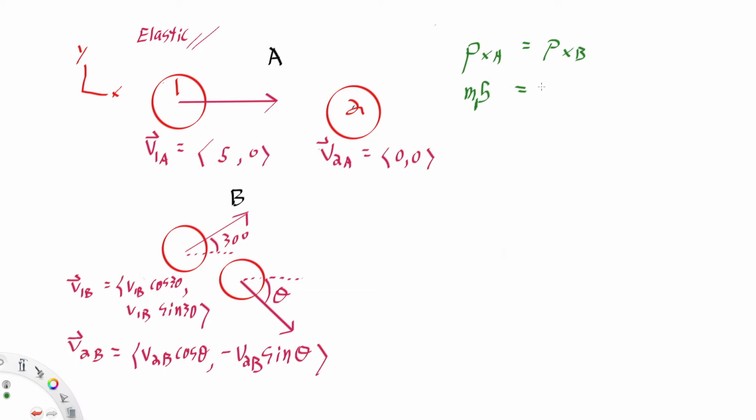On the other hand, we have m1 v1b cos 30 plus m2 v2b cos theta. Of course, all of the masses are the same, so mass 1, mass 2 all cancels out. And actually, there are 1, 2, 3 unknowns in this equation. 3. That is a lot.